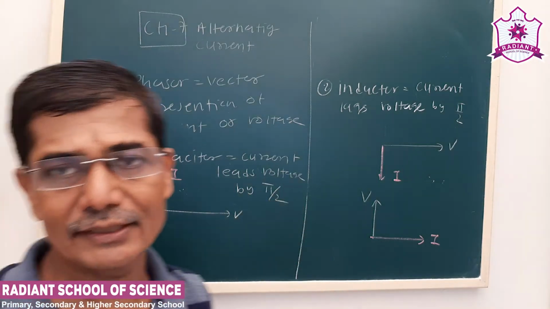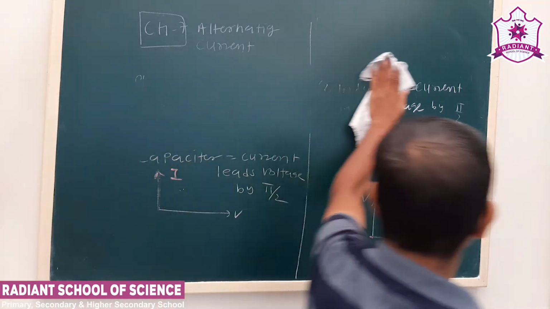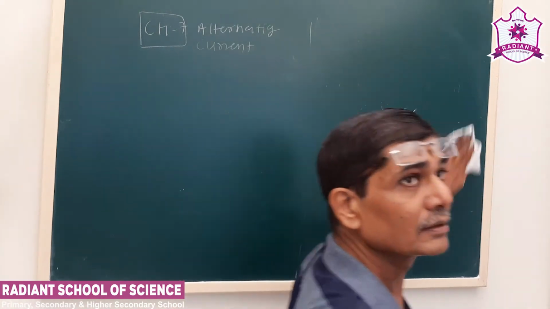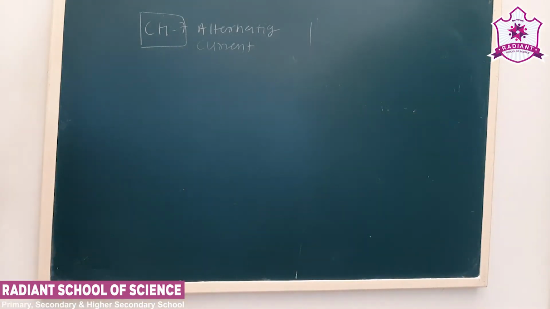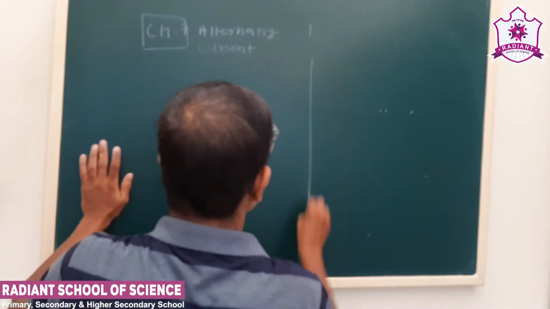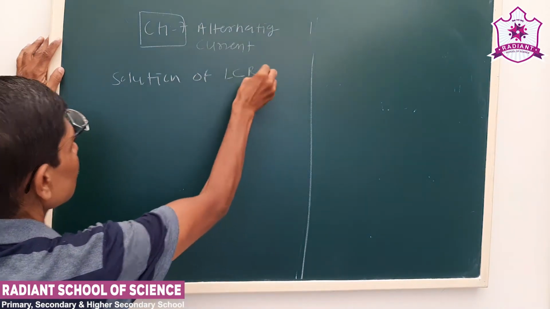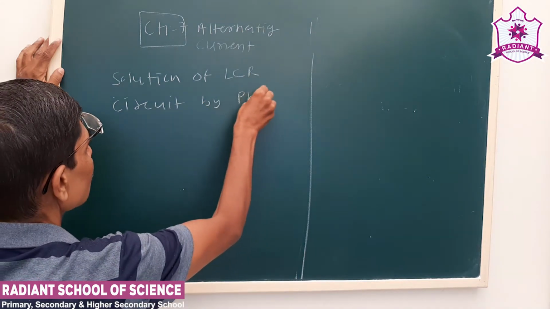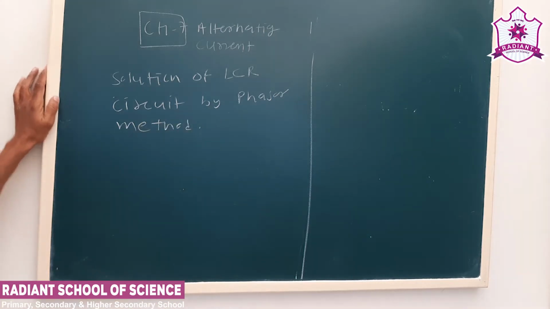Now we have to see the case in which all three components are present in the circuit. That is the solution of the LCR circuit by using the phasor method.